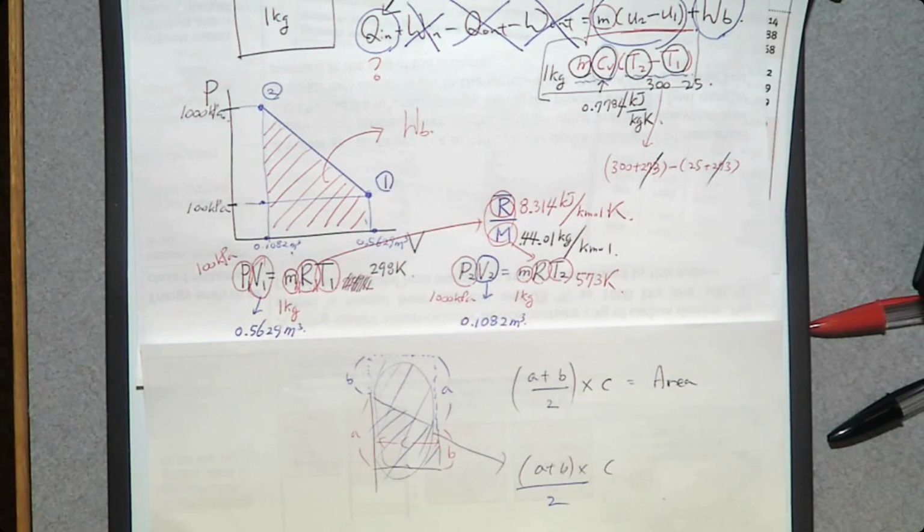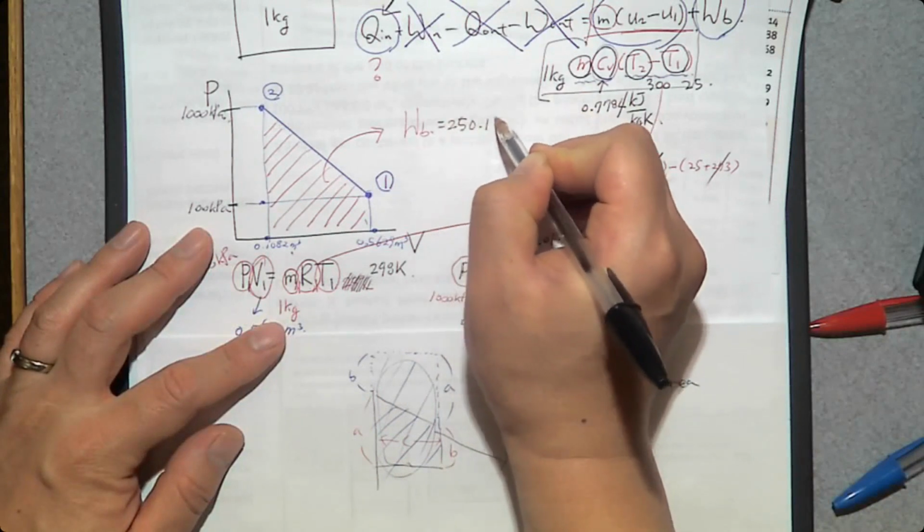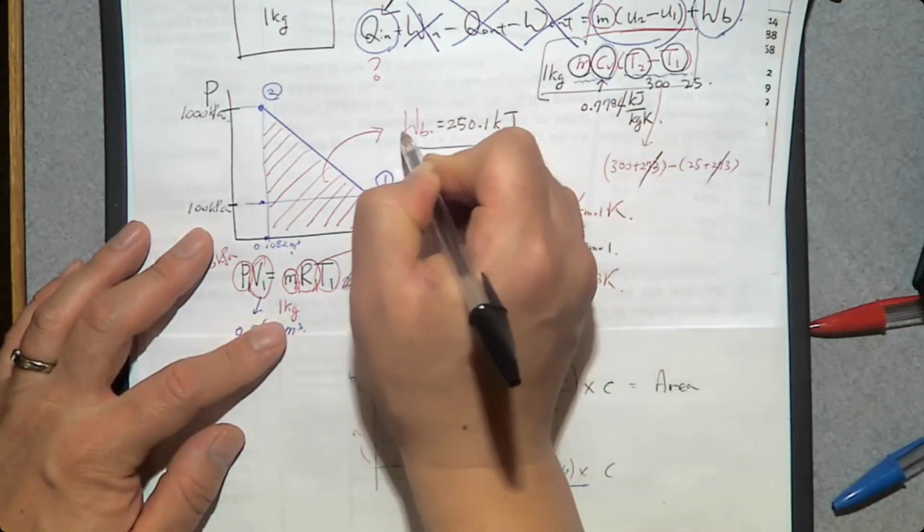So if you determine the area of this PV diagram, you get 250.1 kilojoule.